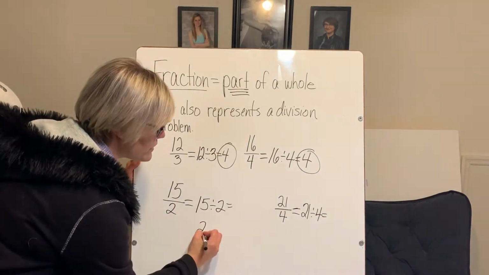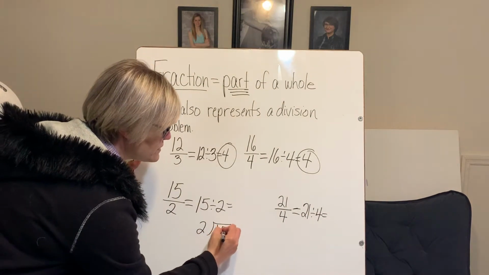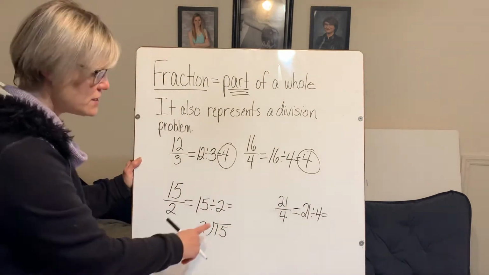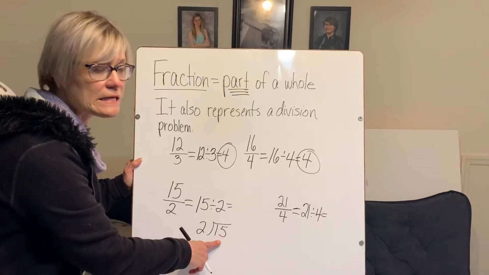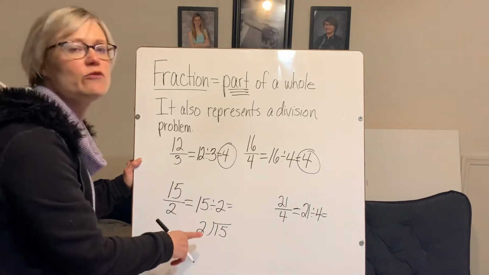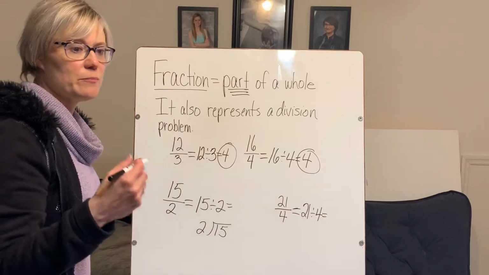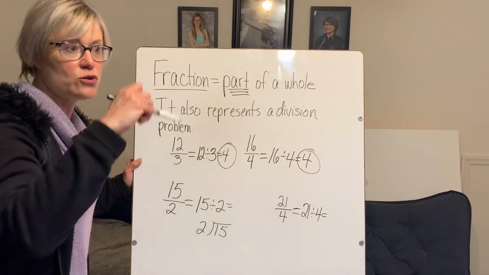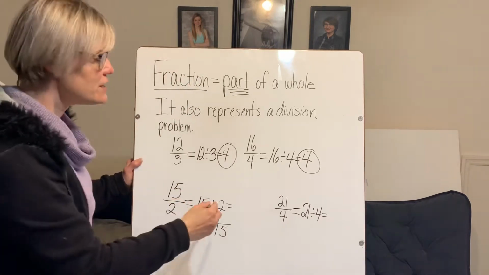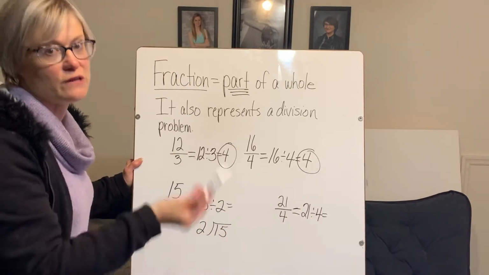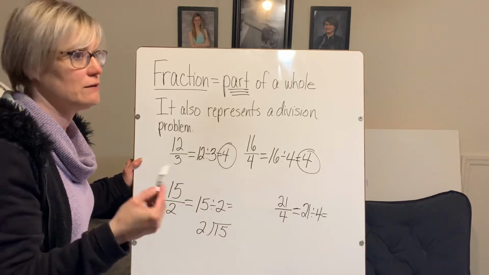So I can rewrite this 15 divided by 2 this way. I've got to find something times 2 that gets me as close to 15 as I can without going over. Remember we talked about the Price is Right, that yodeler, you have to guess without going over or you lose, all right? So here, if you go over, you've got the wrong answer. So in essence, you kind of lose.